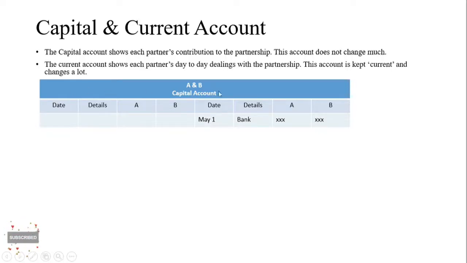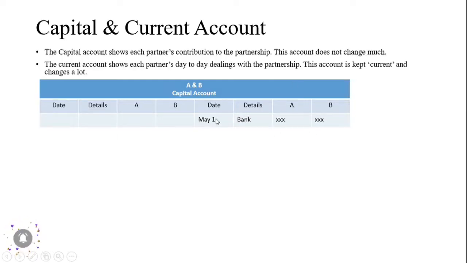So this is the debit side, this is the credit side over here. Obviously the debit side would be for items that are decreasing the capital account, and the credit side would be for items that are increasing the capital account. So I hope you remember the principle as it relates to capital account. The capital account carries a credit balance, therefore to increase it you would make a credit entry. All right, so it's important that you remember that.